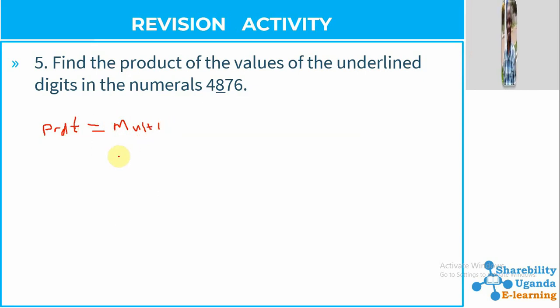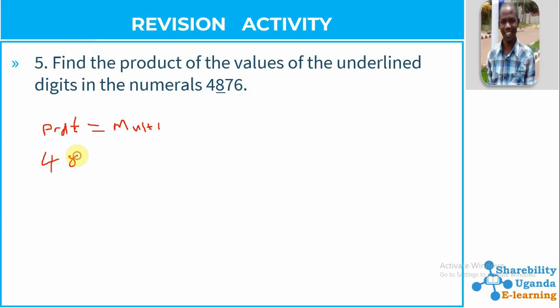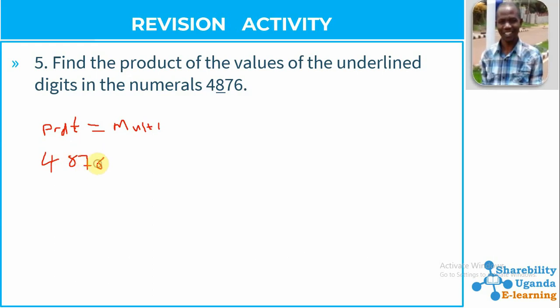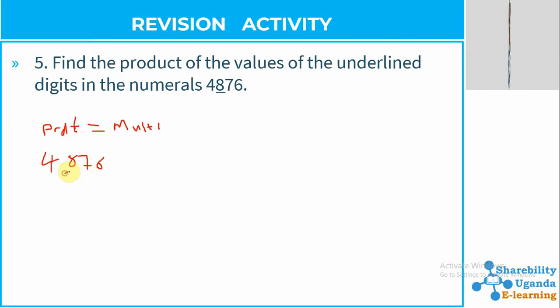So this simply means that when they want us to find the product, we arrange these numbers, which is 4, then 8, then 7, then 6. Then our number which is underlined is 6. We still also give them place values, 10, then 100.